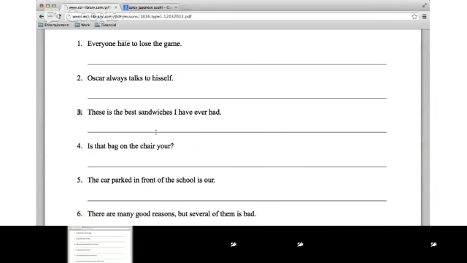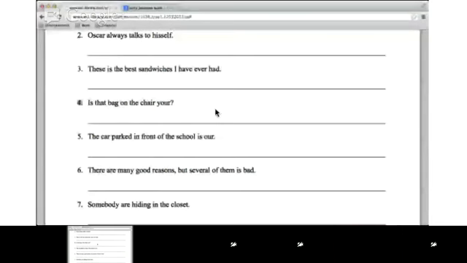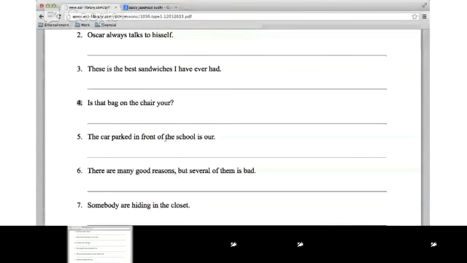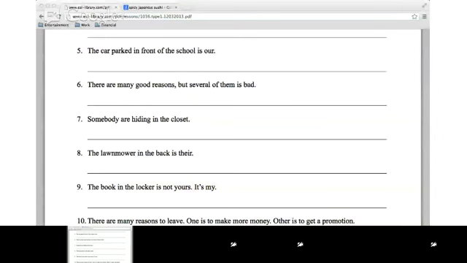Okay, number 4, please, Amparo. Is that bag on the chair yours with S at the end of yours? Good. Yes, so we need an S here at the end of yours. How about number 5? Number 5 is for Jada.